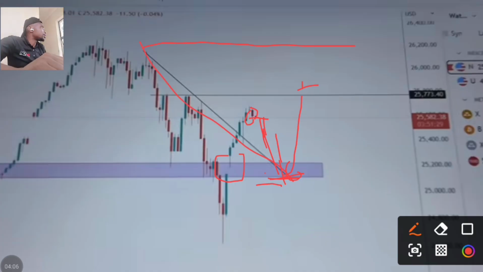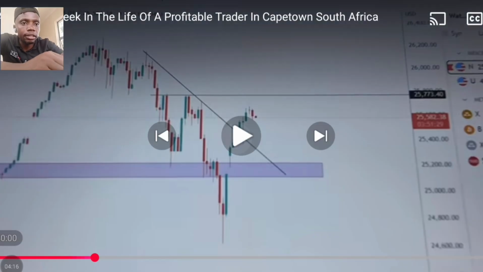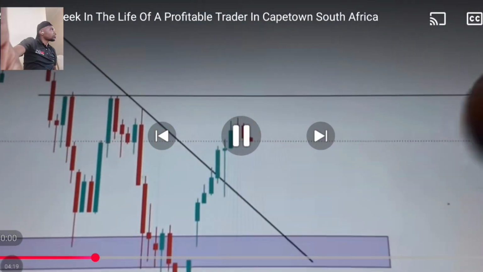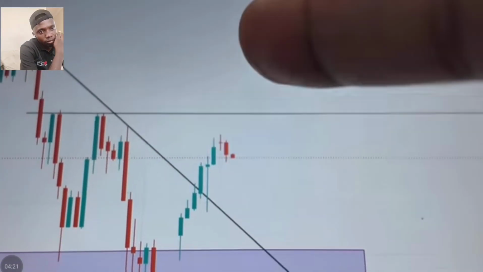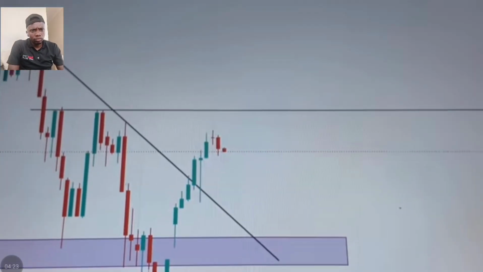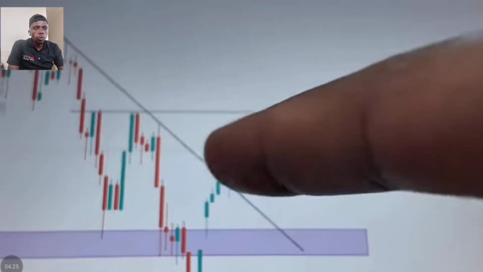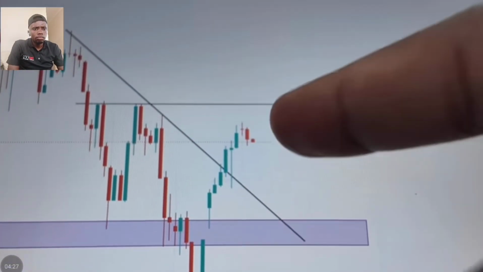Then I'm hoping to come to this level, to respect the 90% rule. The reason we're at 90% is because it's not guaranteed. Understand that. Let's see. That bullish candle, indecision candle, and a bearish candle. Right now in the battle of this market, the sellers have won this battle.